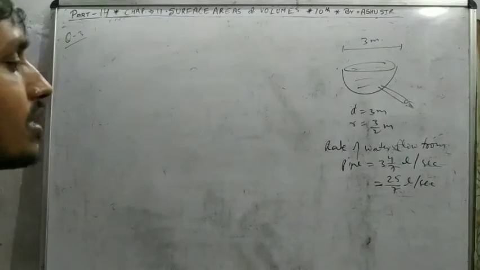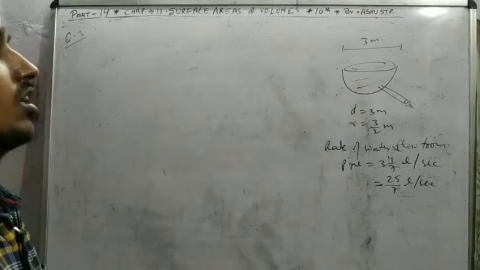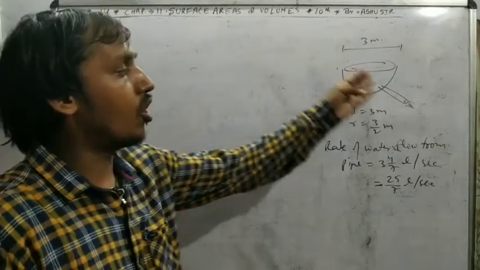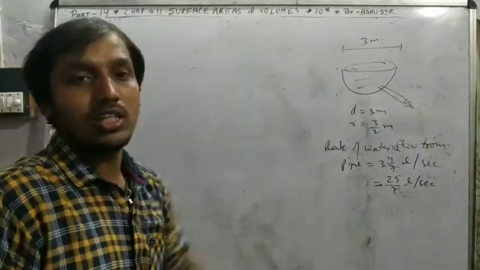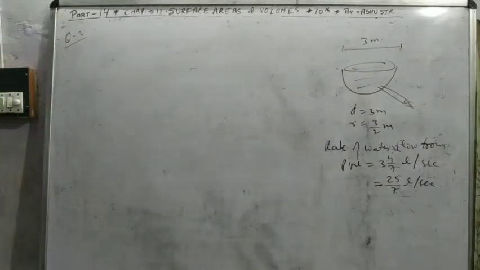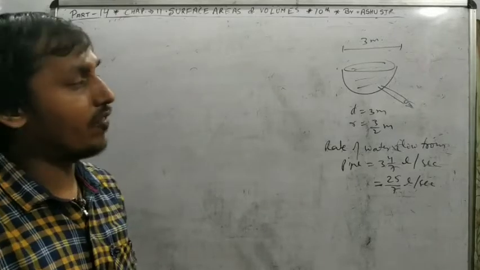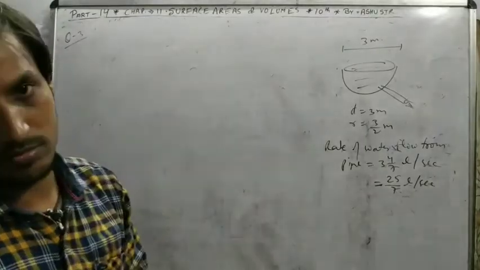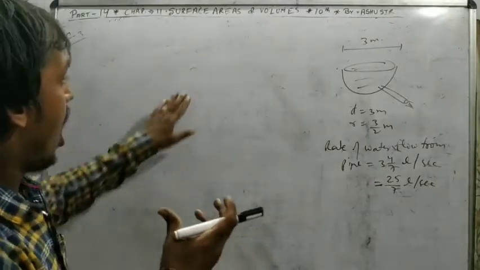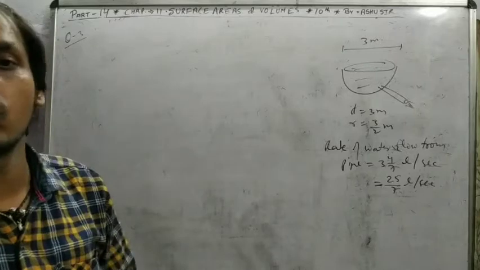So 25 by 7 liter of water flows out in 1 second from the hemispherical tank. How much time will it take to make the tank half empty? How much time to empty half the tank?